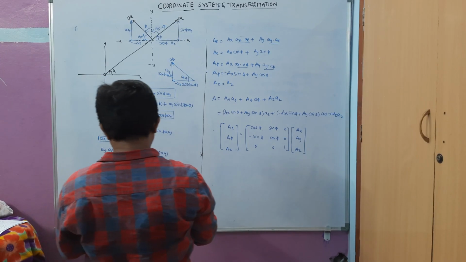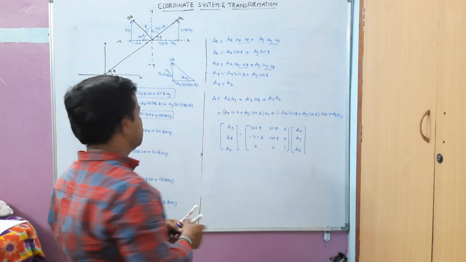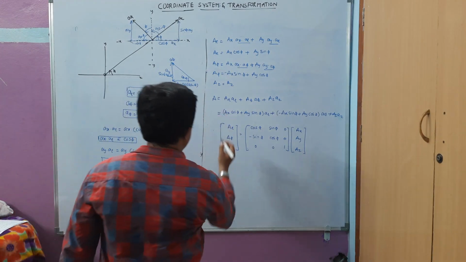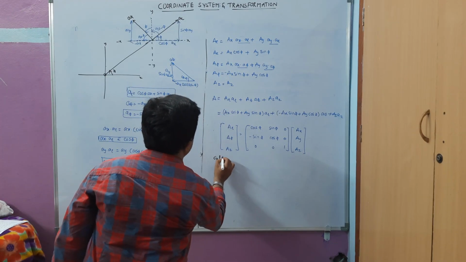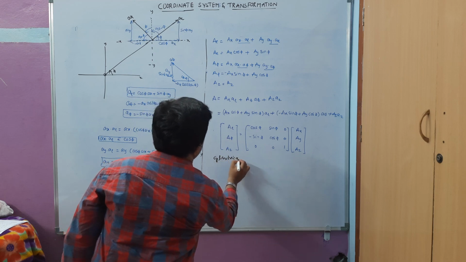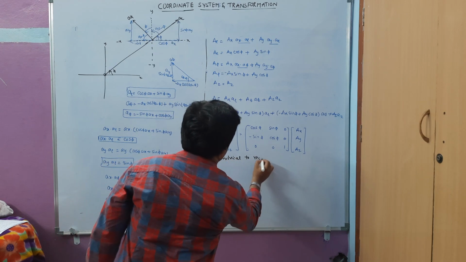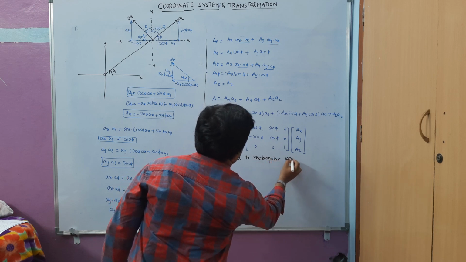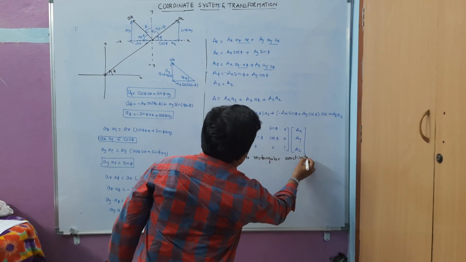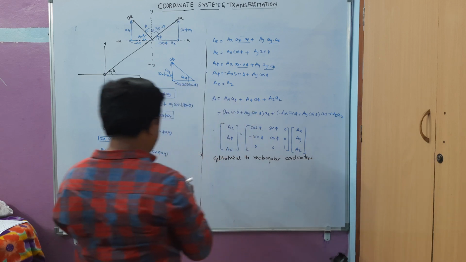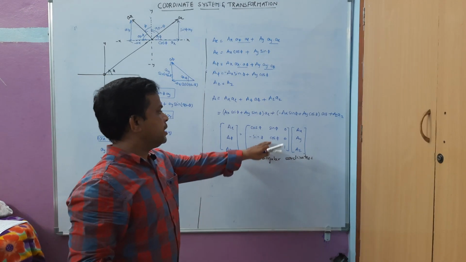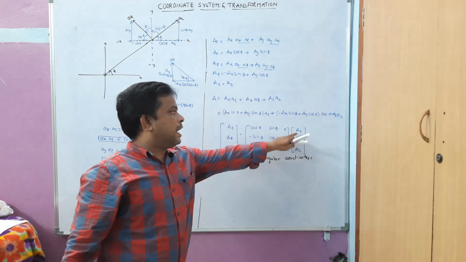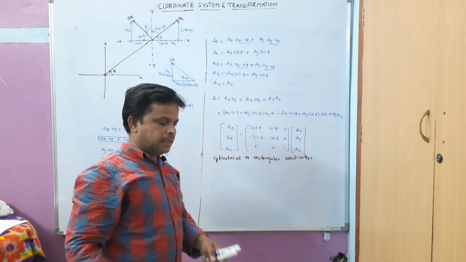Now let us do the opposite procedure, that is we will try to get the cylindrical to rectangular coordinates. In order to do this, I have to take the inverse matrix of this one and find the components ax, ay, az respectively.